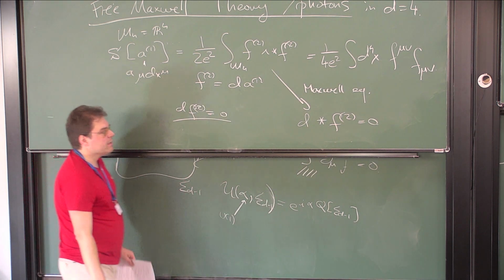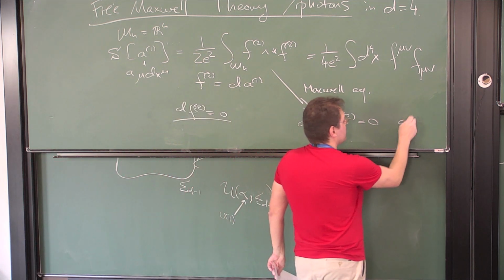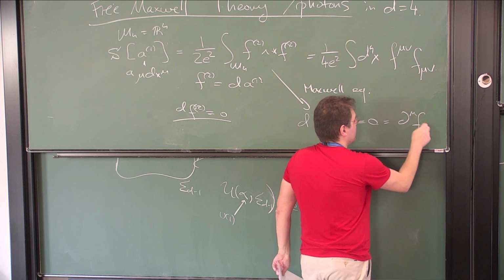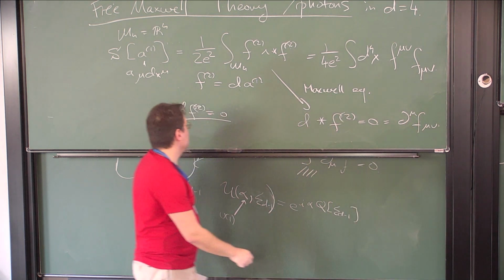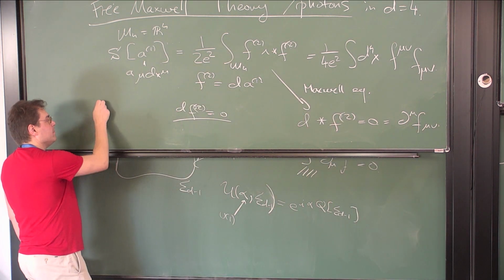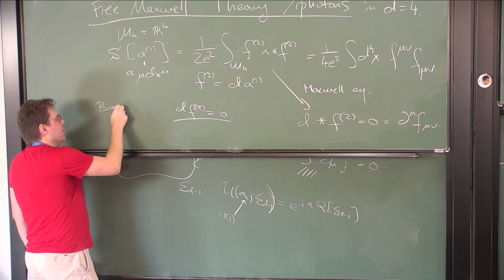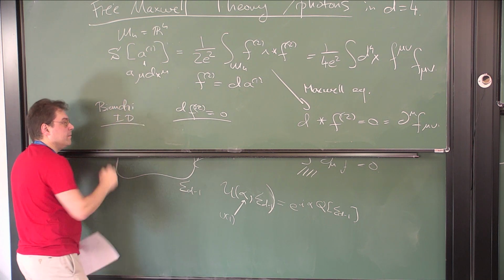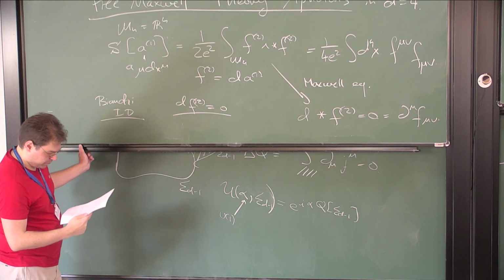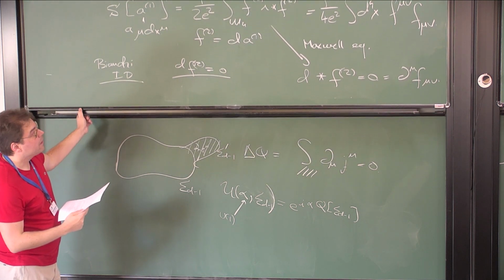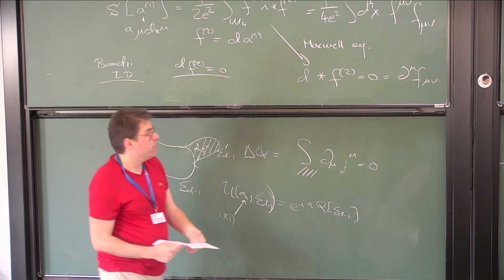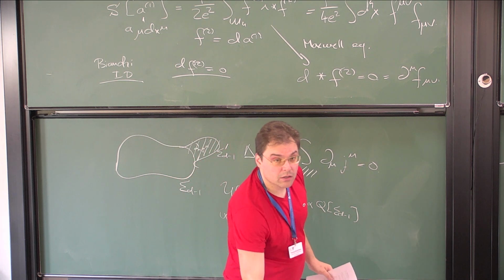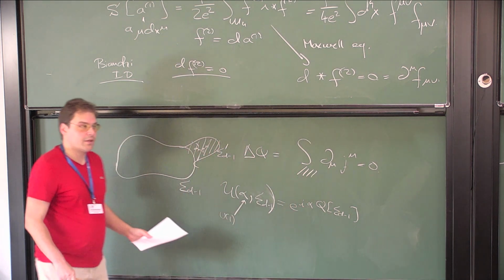So in components, this is the statement that the divergence of F is 0. And dF = 0 is the thing that is usually called the Bianchi identity. Okay, very good. So we already had in this model conserved 2-forms, so that is good.